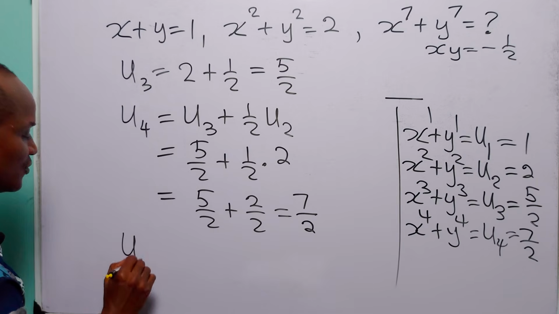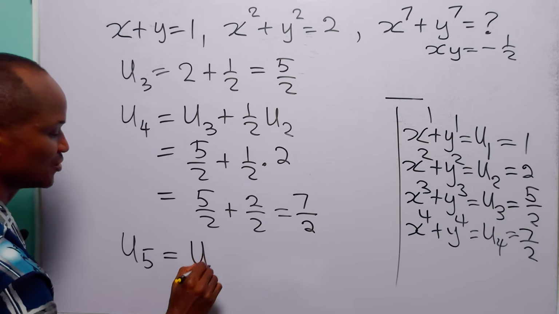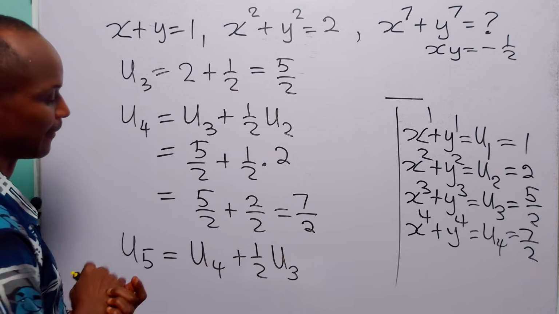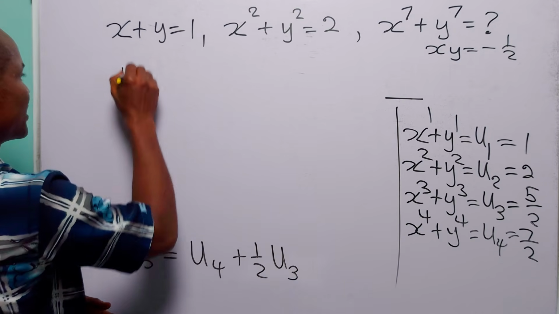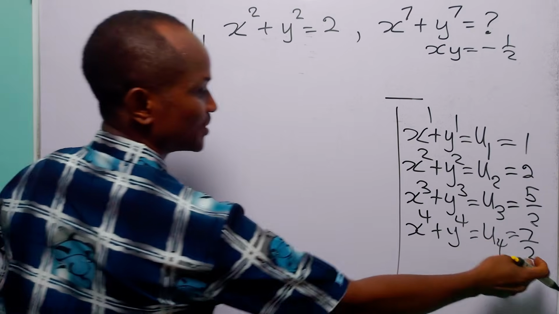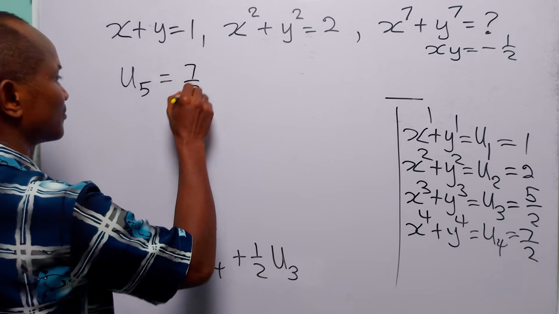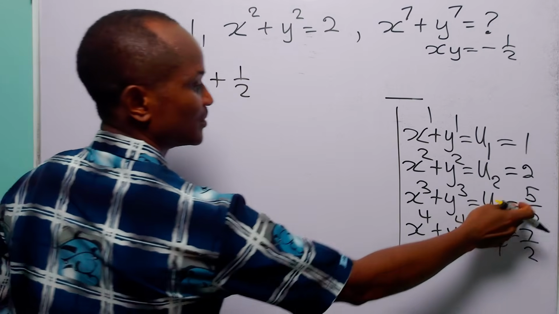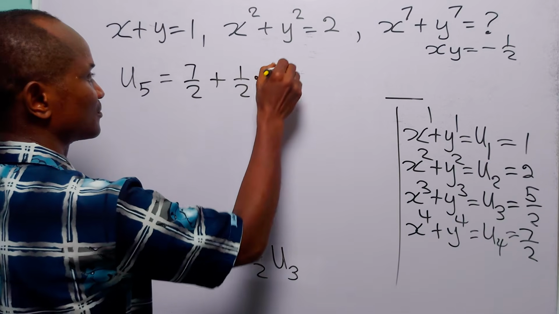Now we find u sub 5, which is u sub 4 plus half times u sub 3. Now we have that u sub 5 is equal to u sub 4, which is 7 over 2, plus half times u sub 3, which is 5 over 2.